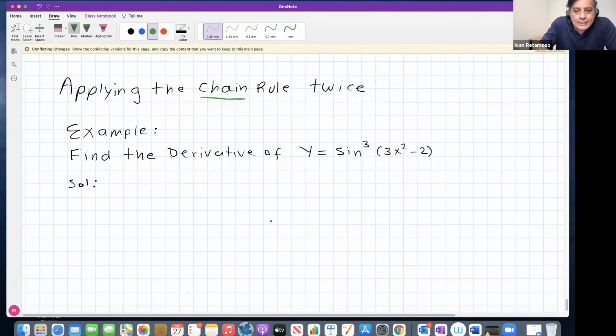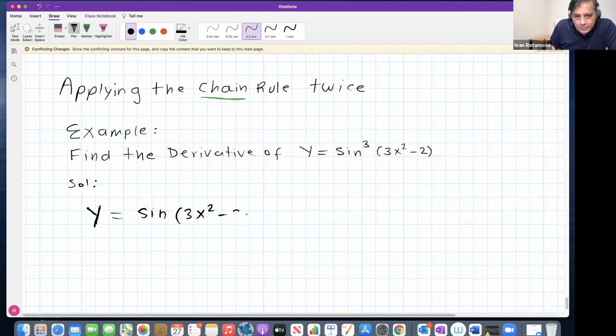Believe it or not, guys, this composite function is made of 3 functions. 3 functions, Professor, where are the 3 functions? Will you show us? Sure. Look, once you rewrite this as y equal sine of 3x squared minus 2, all raised to the third power, you will see the three functions there.